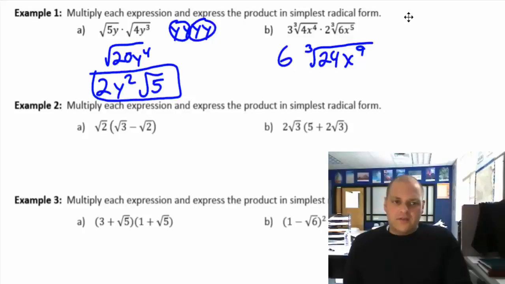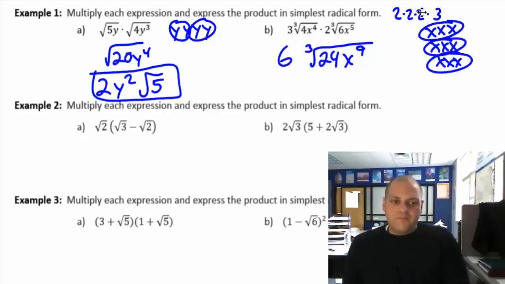24, I know, is 2 times 2 times 2 times 3. That's 8 times 3. And then x to the 9th is x, x, x, x, x, x, x, x, x. All right, so I have 1, 2, 3 groups, and then I have that.